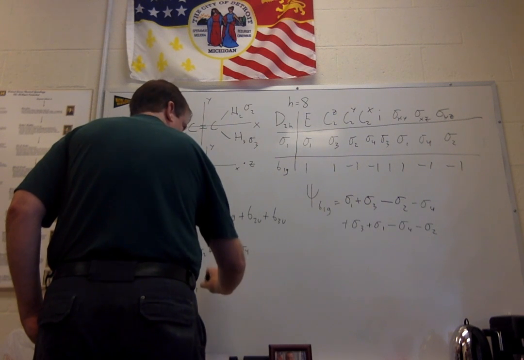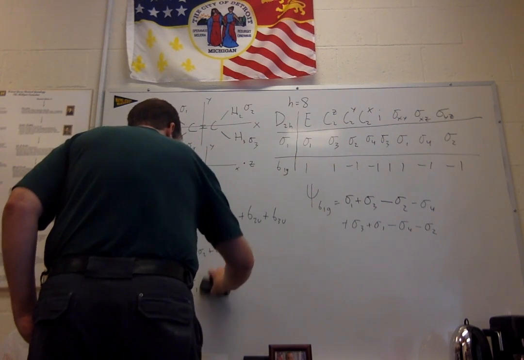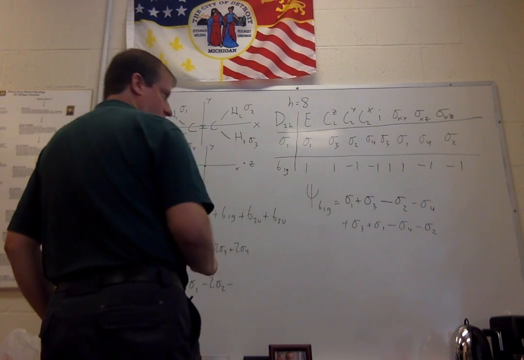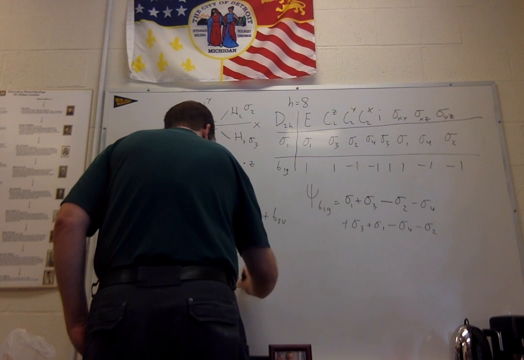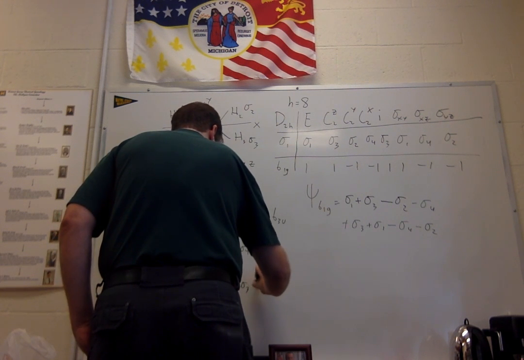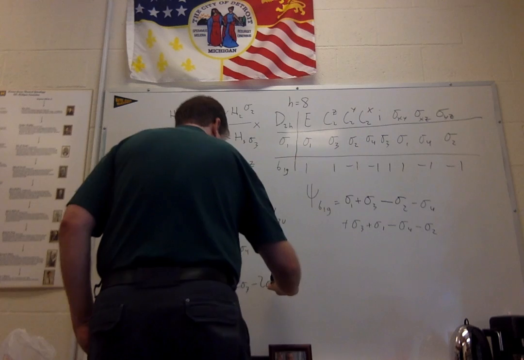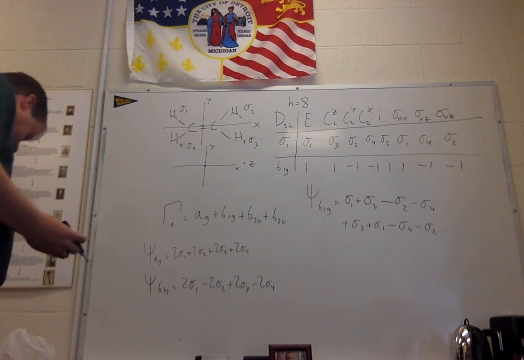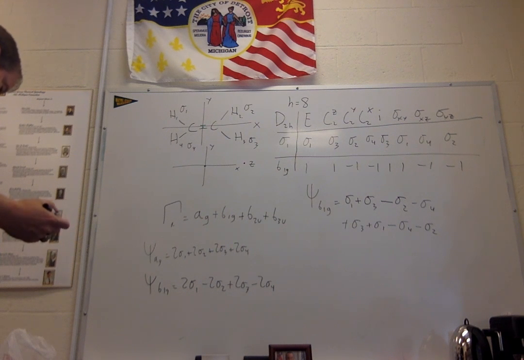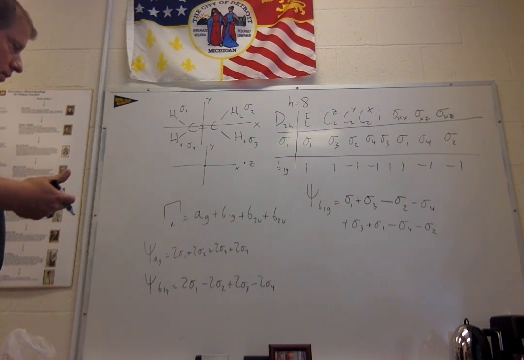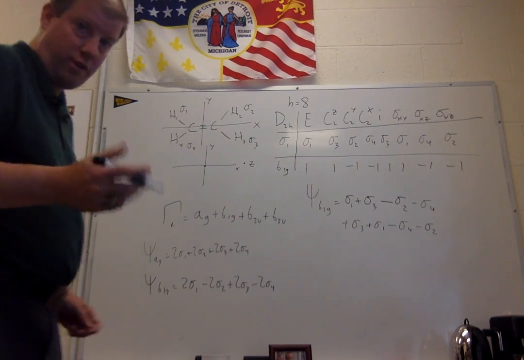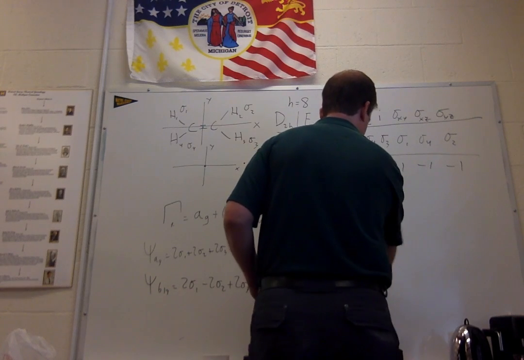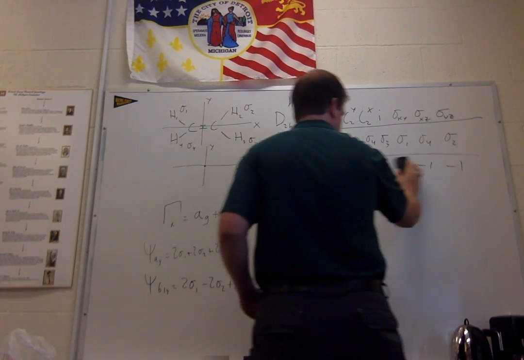Plus, I'll keep them in order, minus 2 sigma 2 plus 2 sigma 3 minus 2 sigma 4. So another calc with different symmetry. Okay? You can sort of see how this goes.